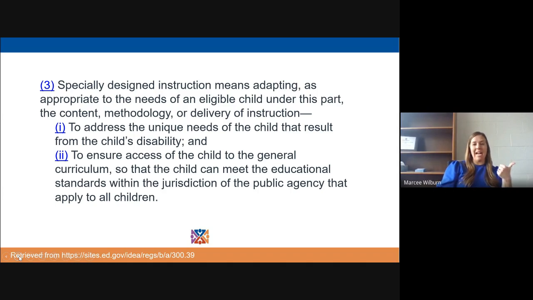So the one is access. Okay, to prevent frustration and limit behaviors. You're not wrong, Samantha, but that's not one that's within the definition.